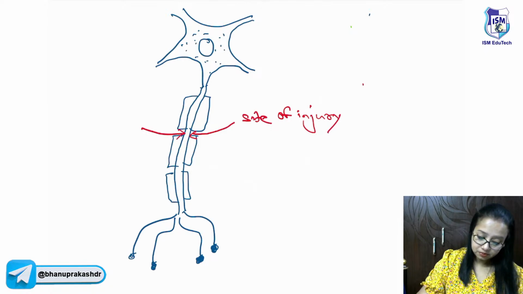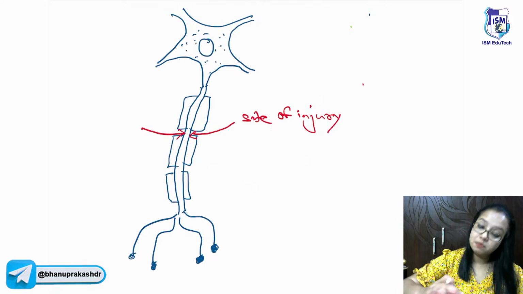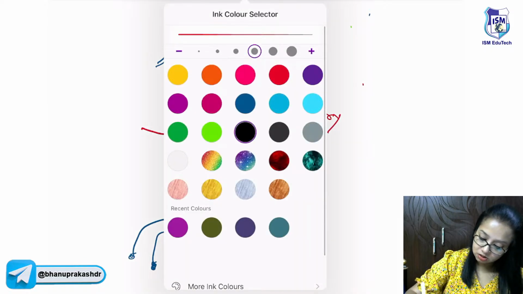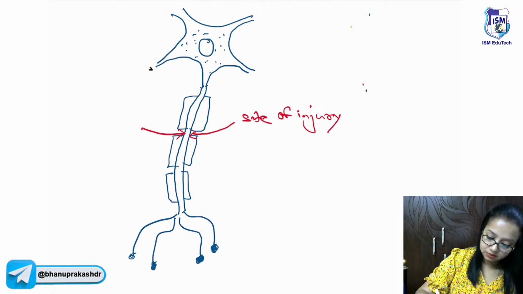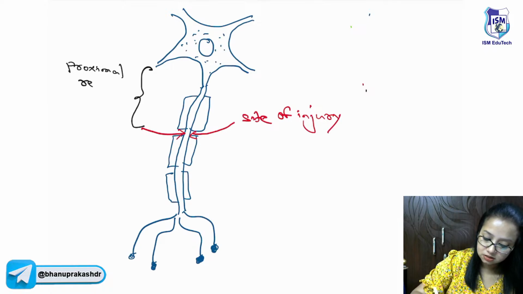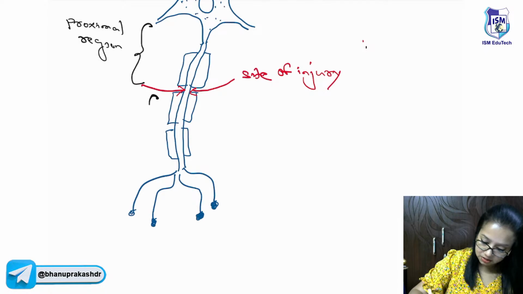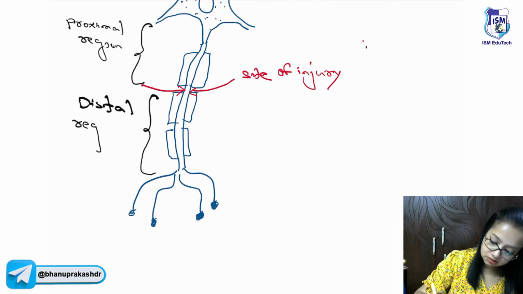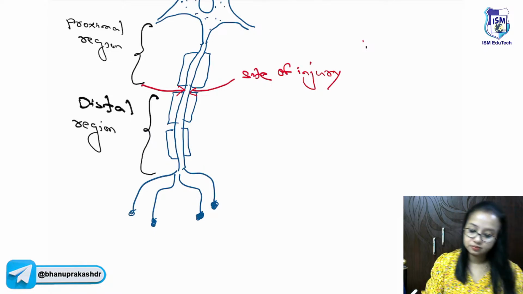Now, the portion that is above the site of injury is called the proximal region, and the area below the site of the injury is called the distal region. Okay.